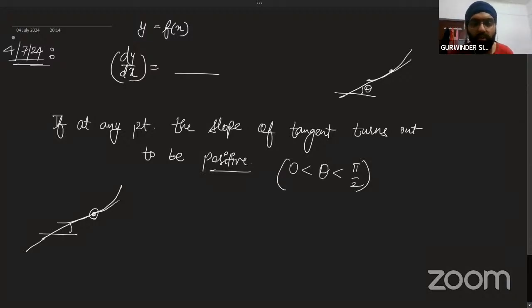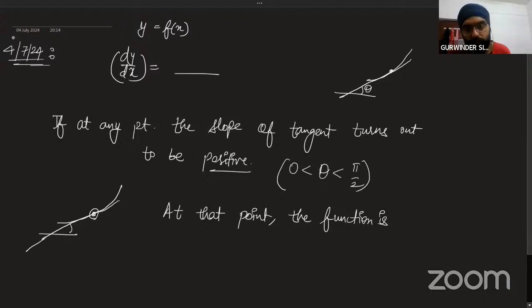So if at any point the slope of the tangent is positive, it means at that point the function is increasing. Okay. At that point the function is increasing.